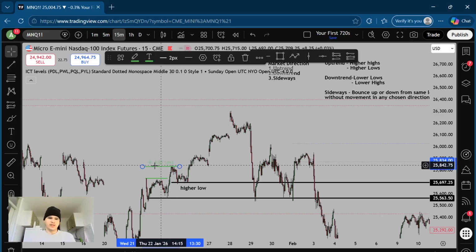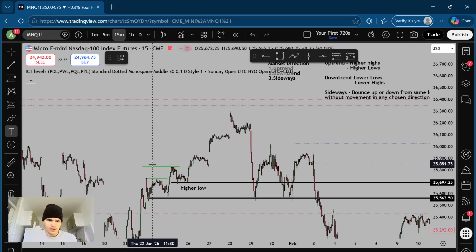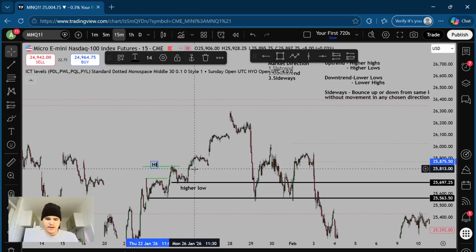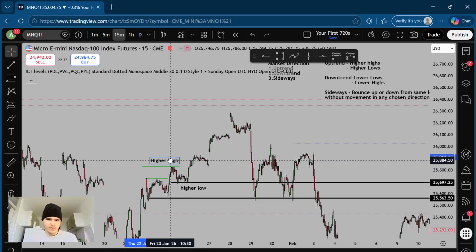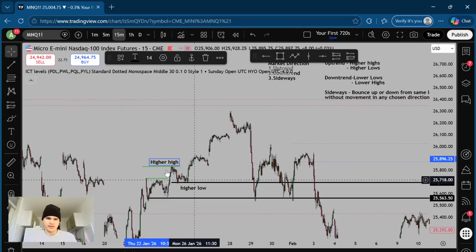So what would this second high be? This would be our higher high, right? Higher high.